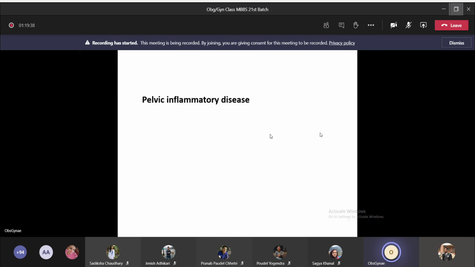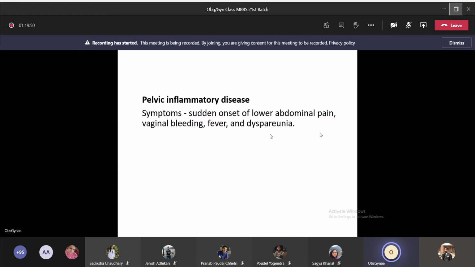And if the infection rises up to the upper part of the genital tract, there will be pelvic inflammatory disease. The symptoms of pelvic inflammatory disease are sudden onset of low abdominal pain, vaginal bleeding, fever, dyspareunia, and if you do a pelvic examination, it is very, very painful.